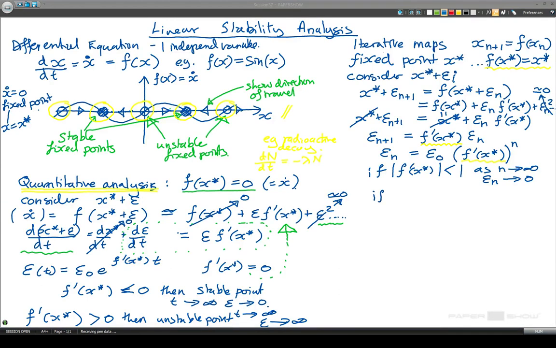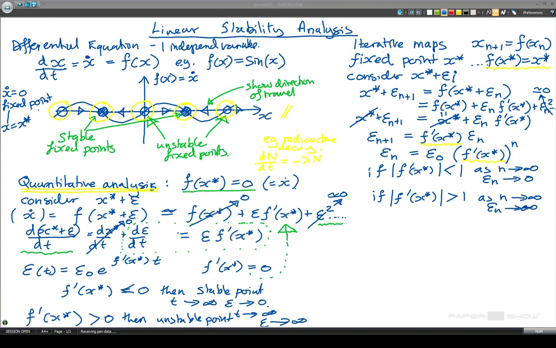If, on the other hand, the modulus of the gradient at x star is greater than 1, as n goes to infinity, epsilon n goes to infinity.